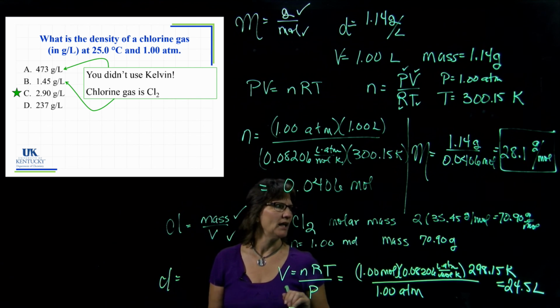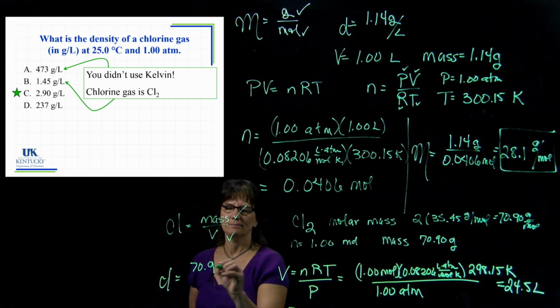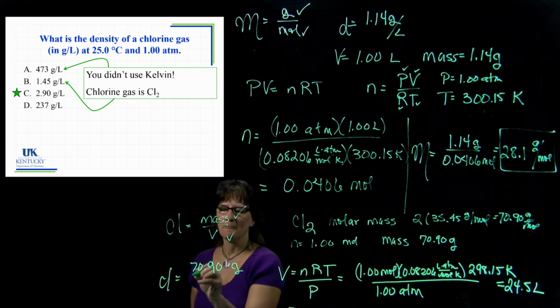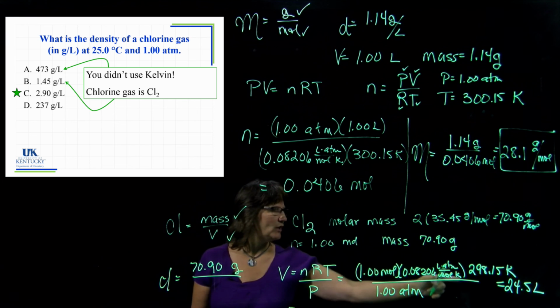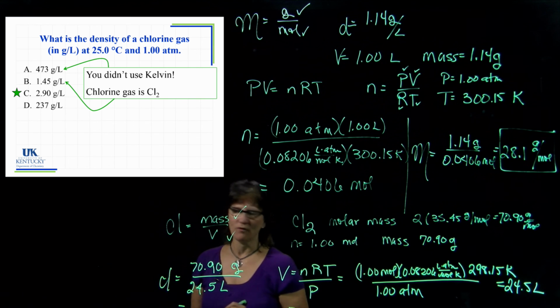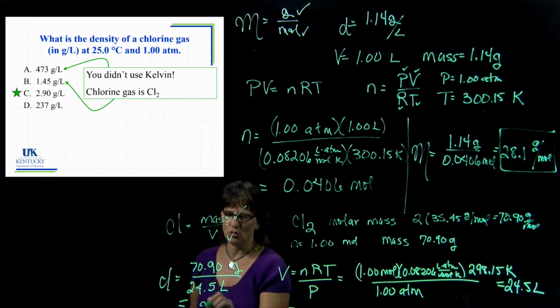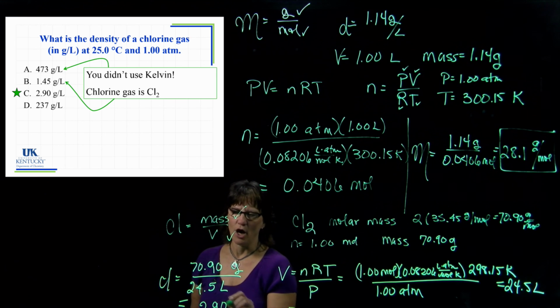Now I have the bottom part of this equation, so I'm able to determine the density by plugging that information in. The mass is 70.9 grams. The volume is 24.5 liters, and that is going to provide me with a density equal to the answer that we see there of 2.90.